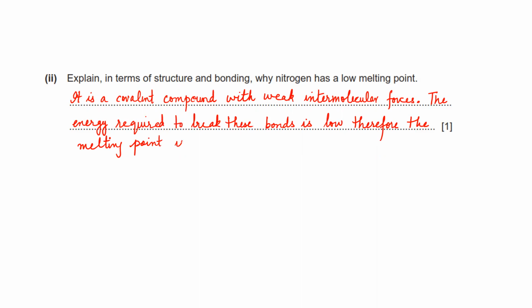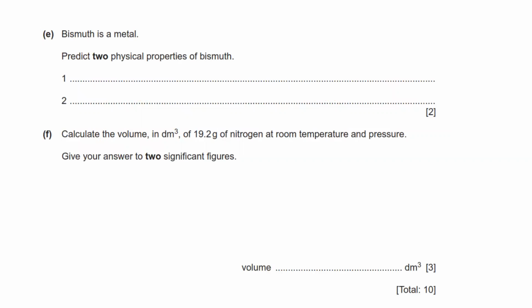Okay. So moving ahead, part E, it says bismuth is a metal. Predict two physical properties of bismuth. So remember, it is a metal. A good physical property of any metal is conductor of electricity and conductor of heat.